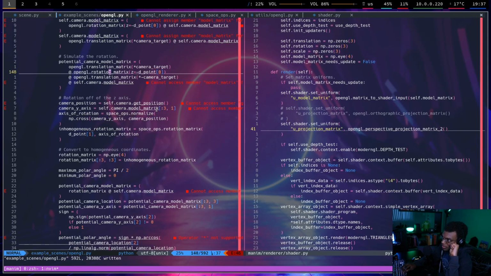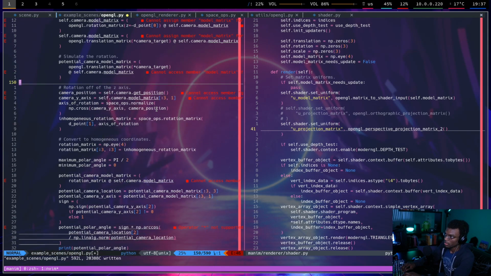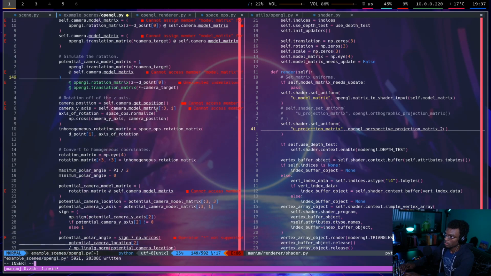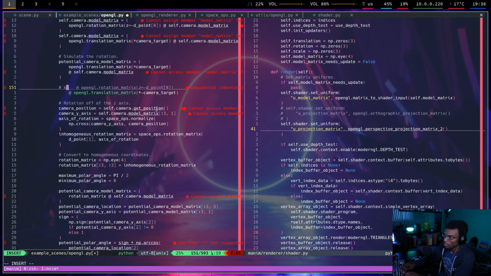Oh, this is for rotating around. Yeah, I will have to get a rotation matrix. So I think all I can do is do the first of the translations. So this, comment that. Here I'll have to find that axis of rotation.